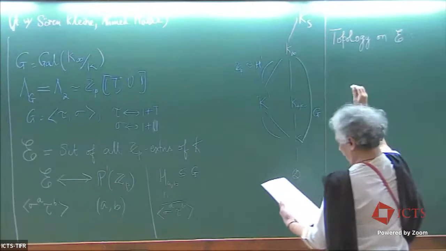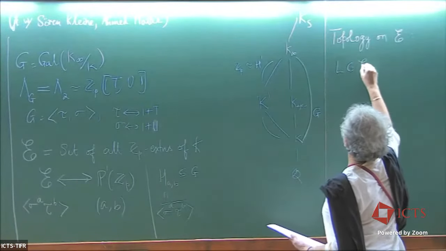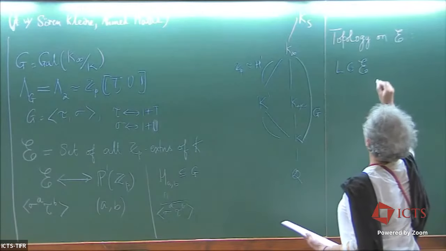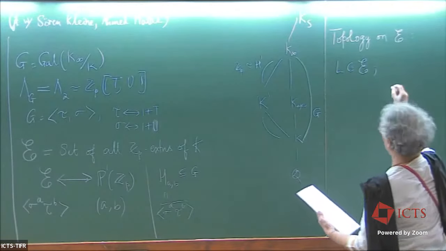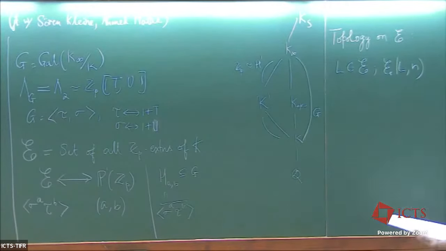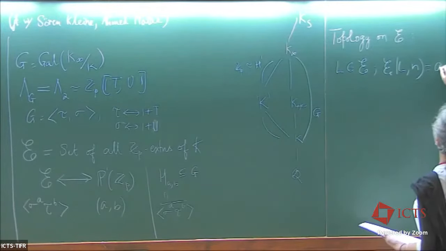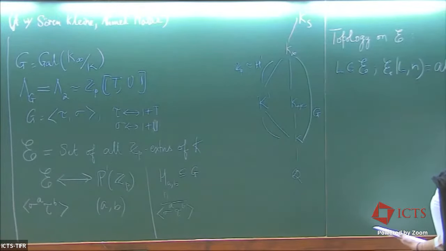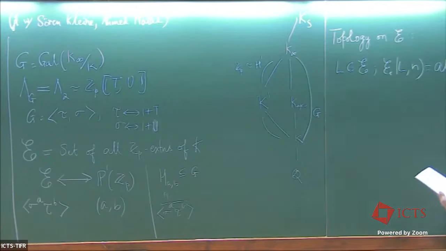So you say, take an element which is an intermediary Z_p extension here, and then you define a neighborhood. This will form the base, a topological base for all the neighborhoods. You want to define what a small open set around this element L looks like. So this is going to be, I'm just writing it in words, all Z_p extensions such that up to the nth layer somehow they are the same.